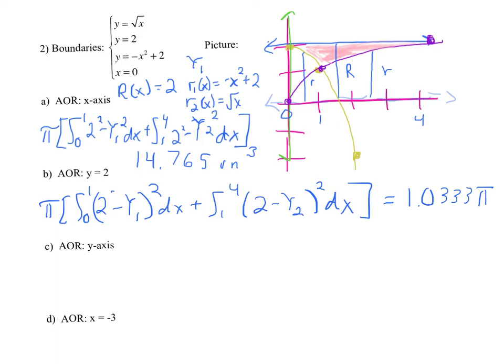If we are going to rotate around the y-axis, we now need to get our equations in terms of y instead of in terms of x. So our first equation will turn into y squared equals x. And then our third equation will turn into the square root of negative y plus 2.